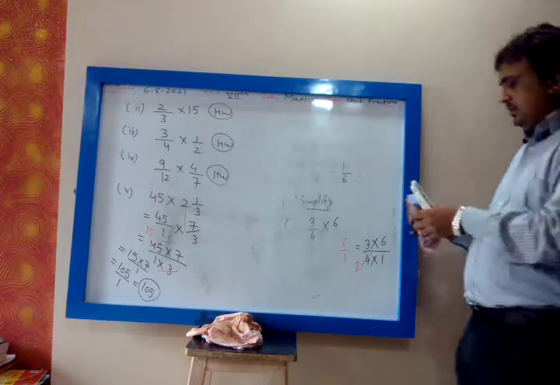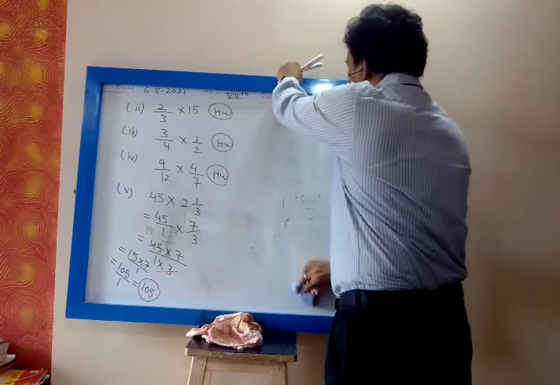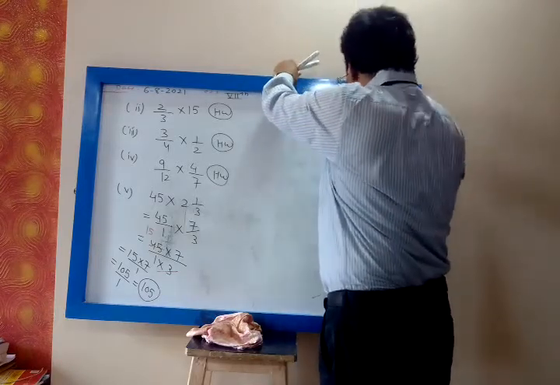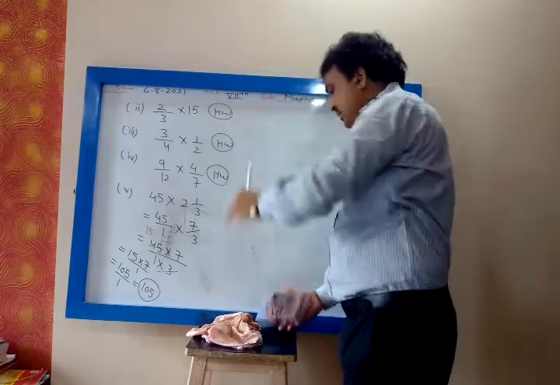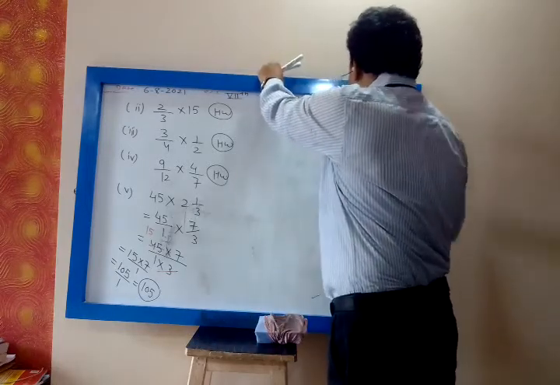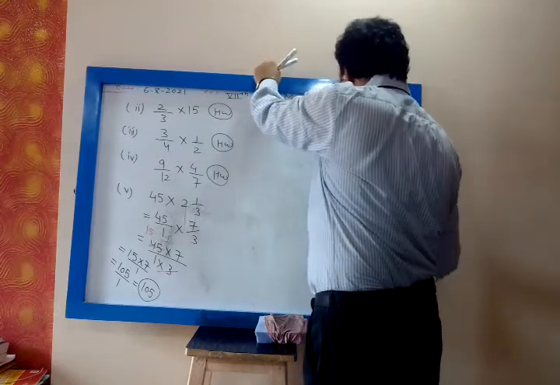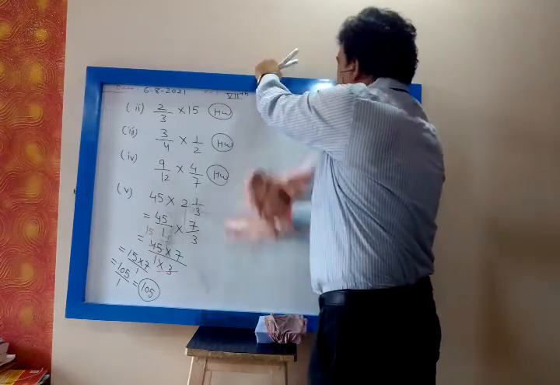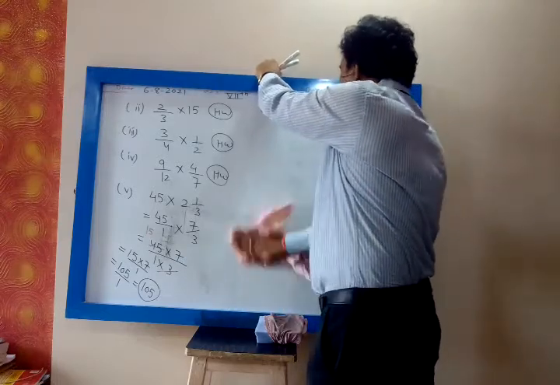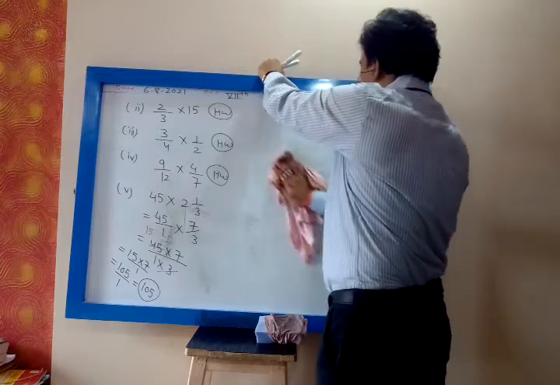Next. So fractions are same as rational number, my dear. What is the difference? In fraction both are positive, whereas in rational number numerator and denominator can be negative, or can be positive also. So operations of fractions are same as operations of rational number. And we have done each and every problem of rational number. So that is why I am giving the same type of operation as homework.